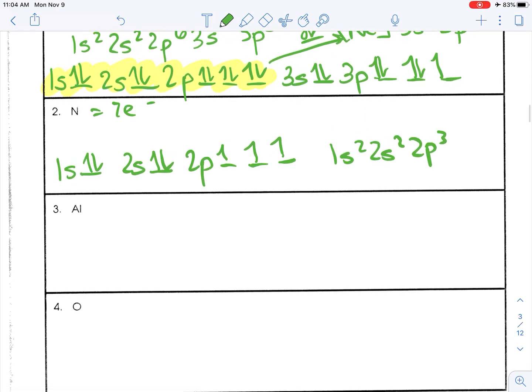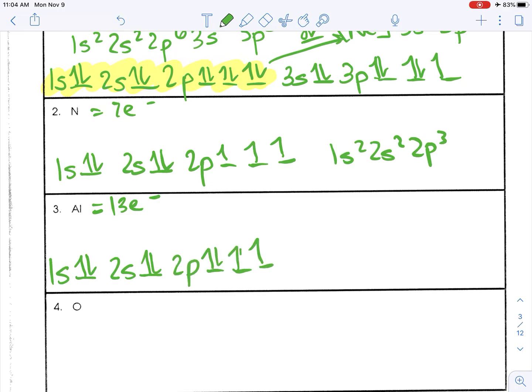Okay. Aluminum has 13 electrons. Notice it's in the 3p sublevel region. 1s2, 2s2, 2p, 1, 2, 3, 4, 5, 6. So that gives us a total of 10. Now I'm at the 3s, 11, 12, 13.